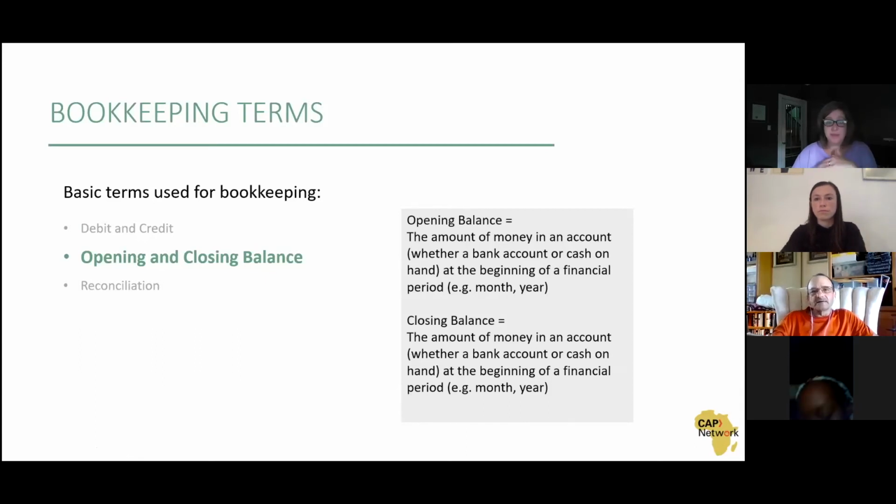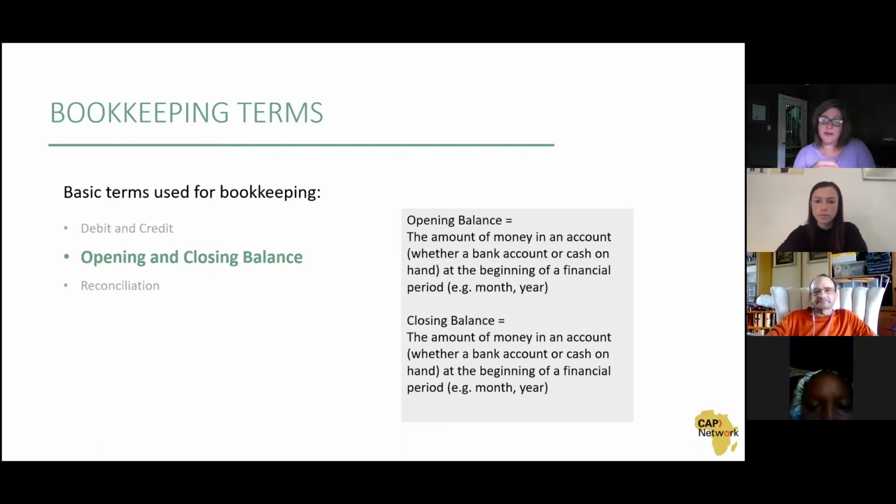Opening and closing balance. These are terms that are used to describe funds that may be in an account, be it a bank account or a project account, at the beginning of a time period, and then what is left in the account at the end of the time period.